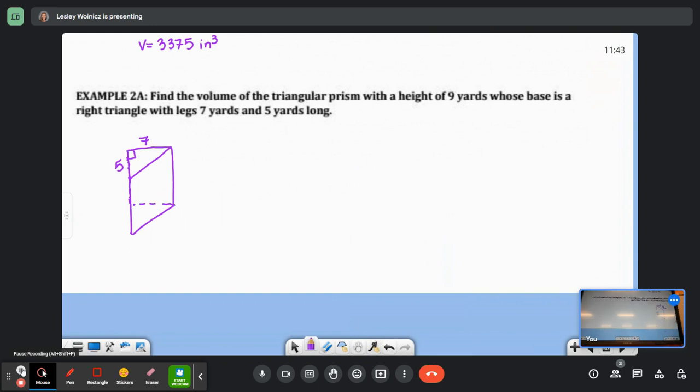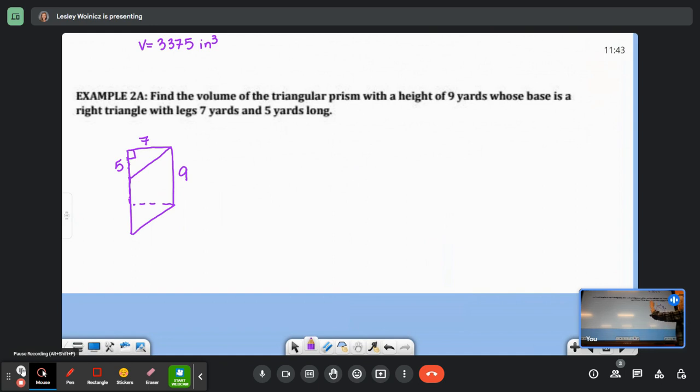Okay, that's not terrible. Could have been worse, right? Okay, what is the height? I'm seeing 9 yards.